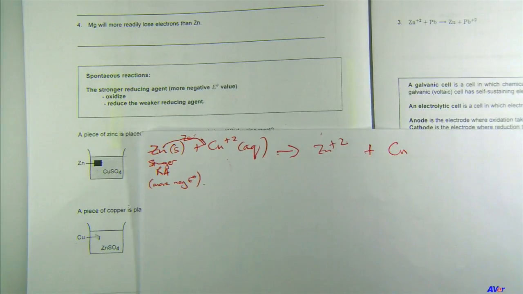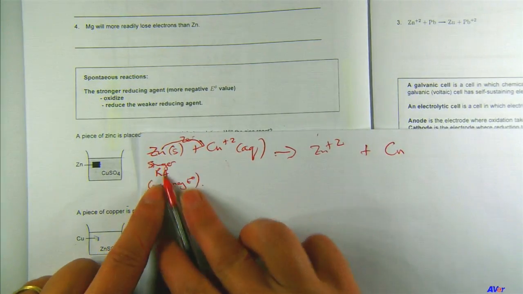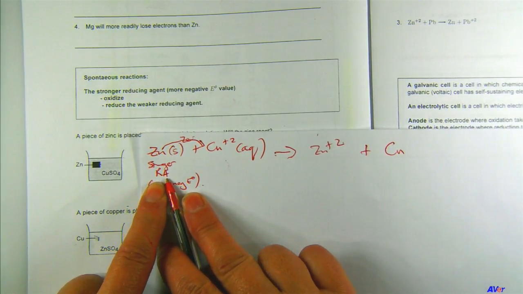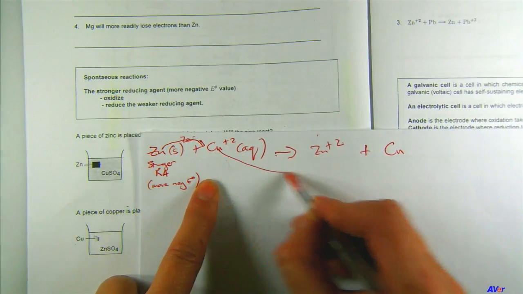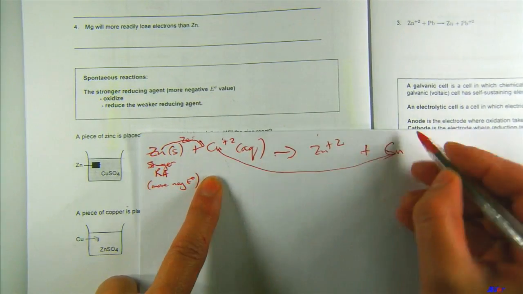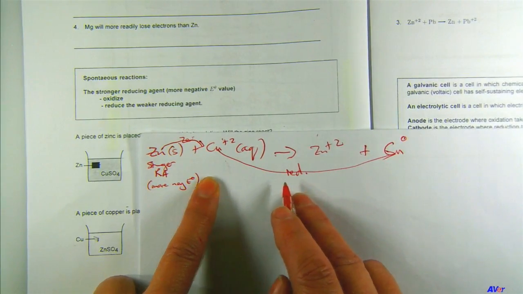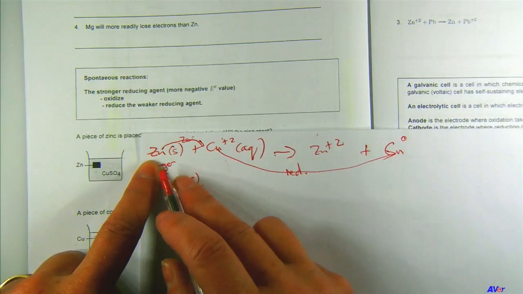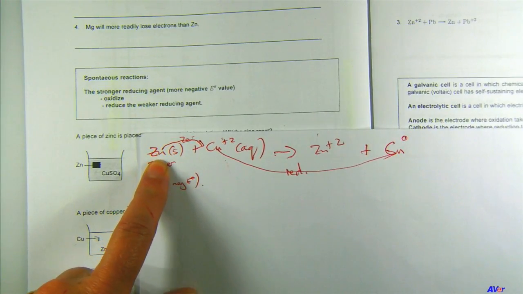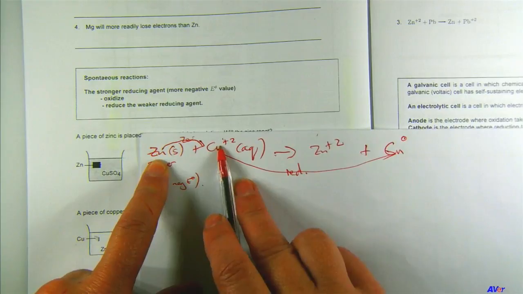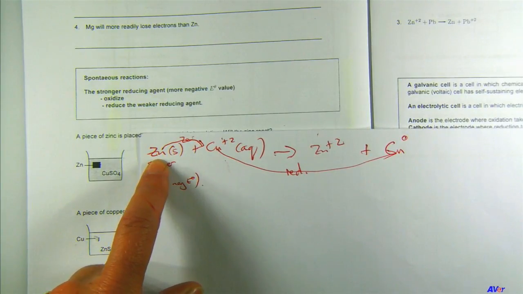It's sitting there. So if you look at this one, the zinc is the stronger reducing agent. So what's happened to the copper? It's going from +2 to 0. It's reducing. Why is it reducing? Because the zinc is the stronger reducing agent. It makes the copper reduce. Does that make sense?